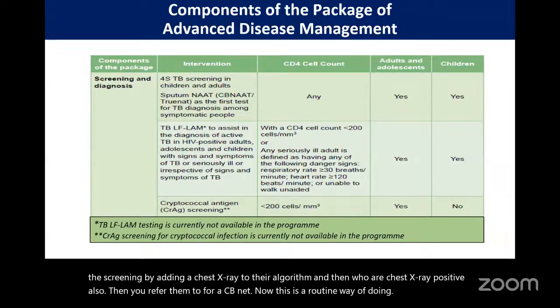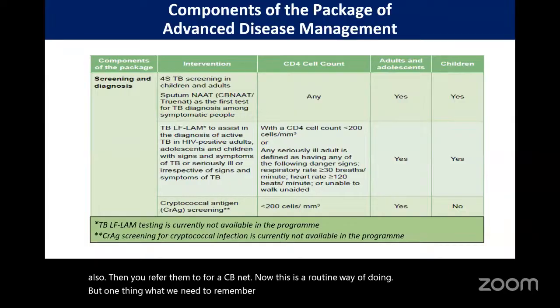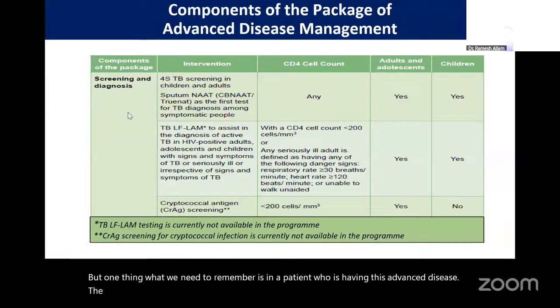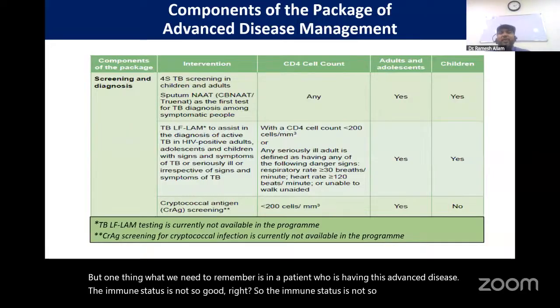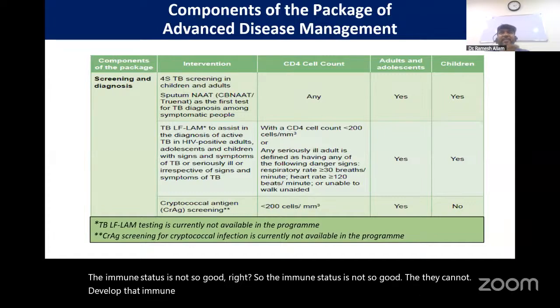But one thing we need to remember is, in a patient who is having this advanced disease, the immune status is not so good, right? So they cannot develop that immune response immediately. So there's a lag in developing that immune response.